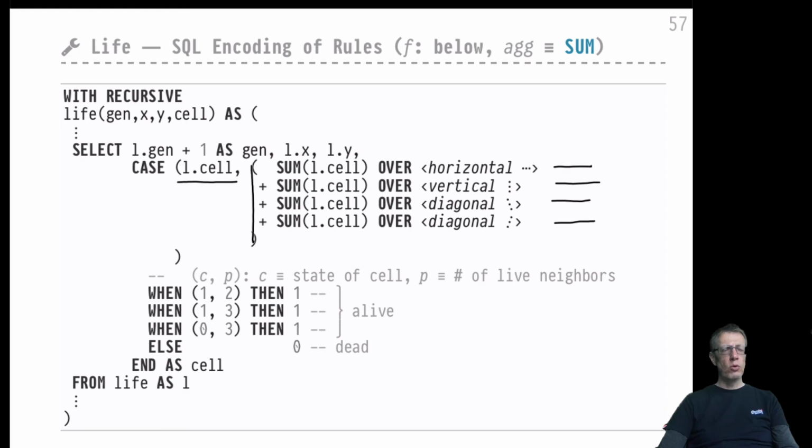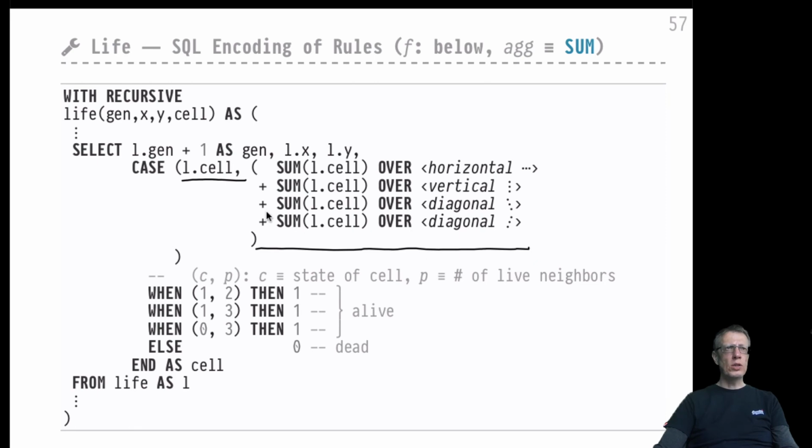Perfect. So this is all we need to implement the rules of Conway's game of life. We've got our own state. We've got the count of live cells in our neighborhood. This is all we need. We call these C and P here in this comment. And you see C and P values here in our conditional.